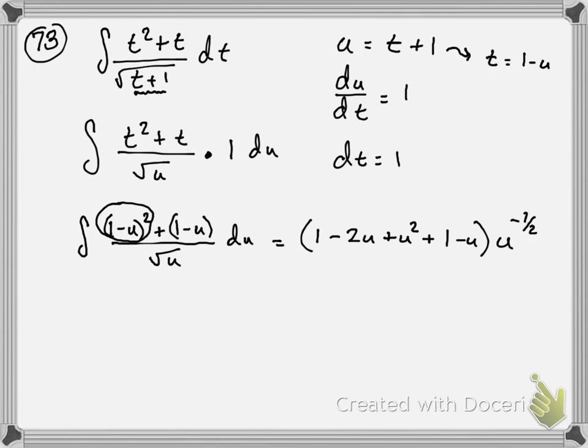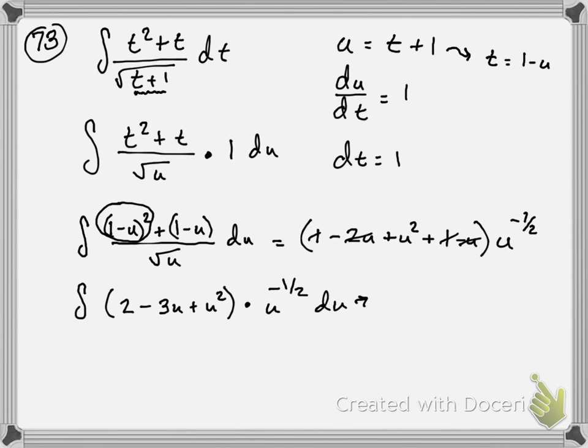Okay, so this isn't too terrible right here. I've got 1 plus 1 gives me 2. So you have the integral of 2 minus 3u plus u squared times u to the negative 1/2 du. So now you've got to distribute that negative 1/2 into everything.